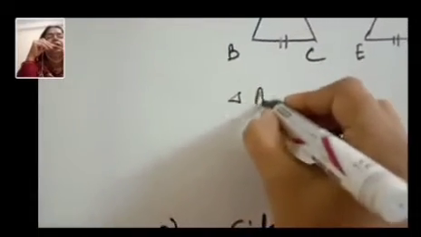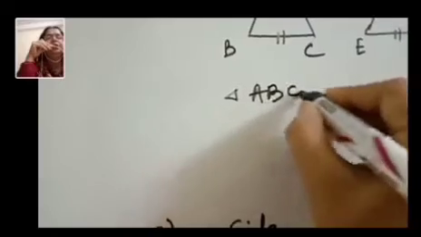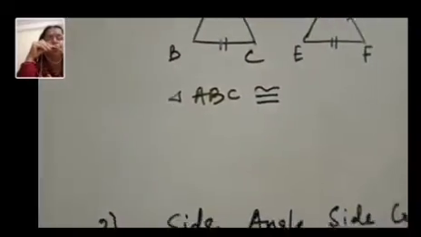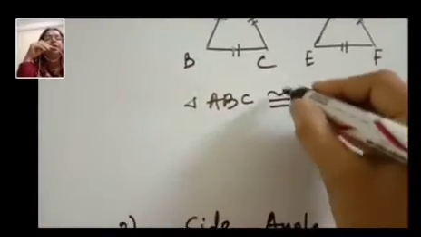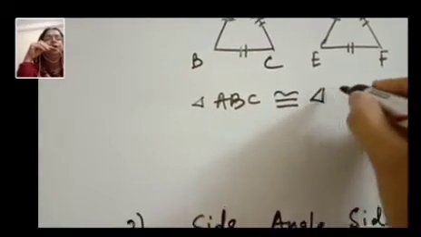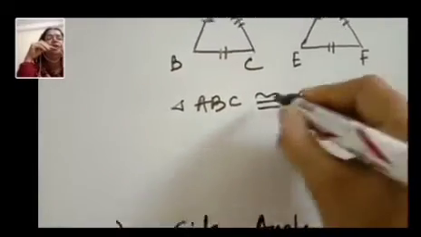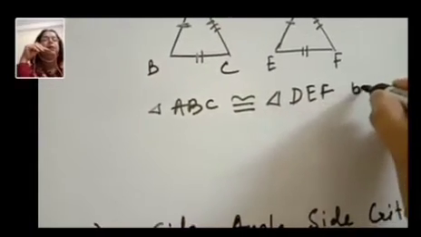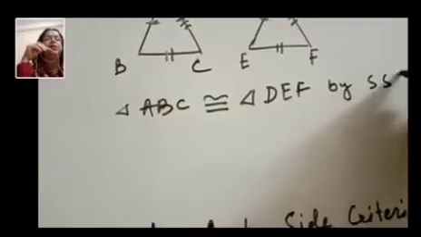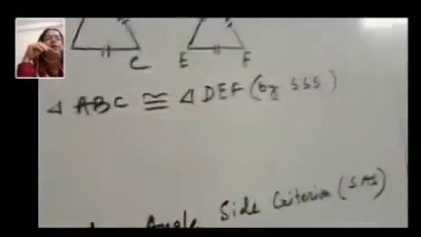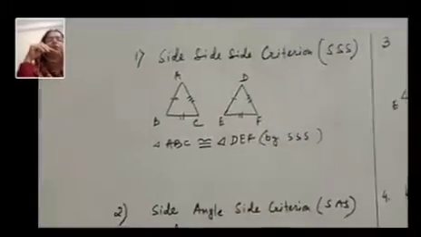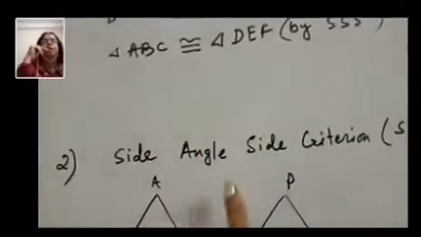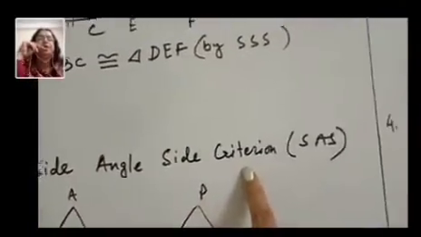You know that this is the congruent sign, and you have to use it here. Then triangle DEF, by using SSS criteria, that is the side criteria. These two triangles ABC and DEF are congruent by side criteria.